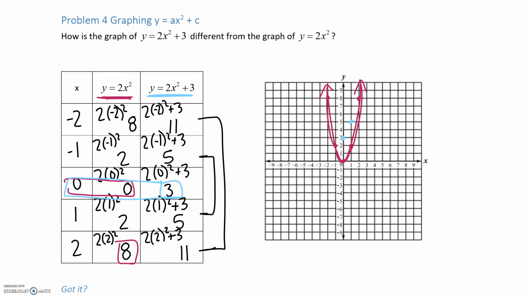And if we go to -1, we're still going to go up to 5. Okay. Then if we go over 2 on the x-axis, we're going to go up to 11. Same thing, if we go to a -2 on the x-axis, we're going to go up to +11. Okay. So when we do that, you can see it's just the same graph. We just moved it up 3 units instead of keeping it the same.